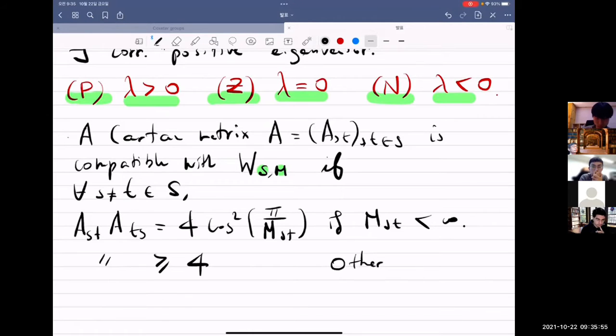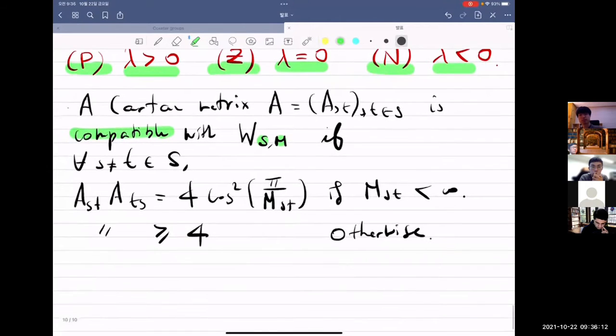Right? I think you can guess that this is a reasonable definition. The Cartan matrix is related to the Coxeter group, and comparable with it, if it satisfies these relations.